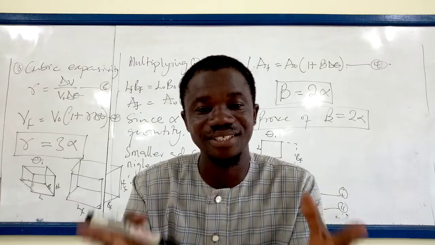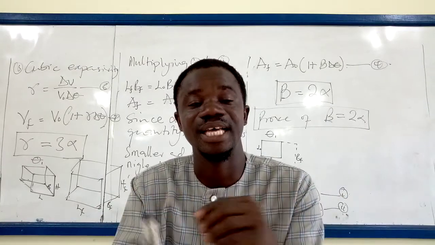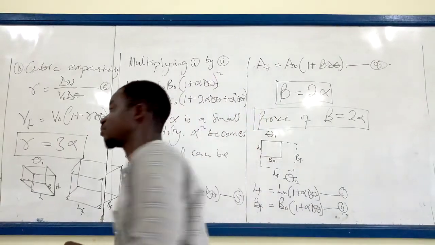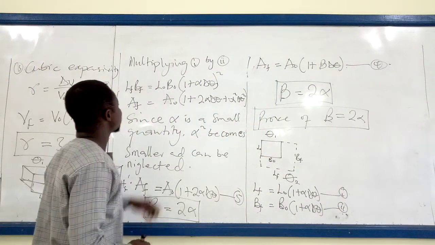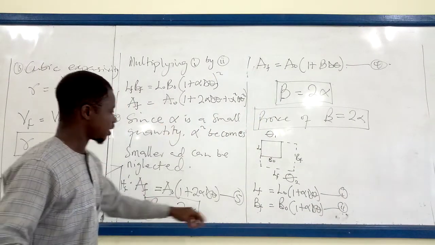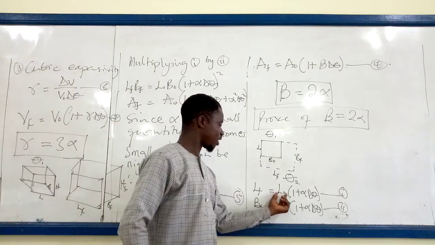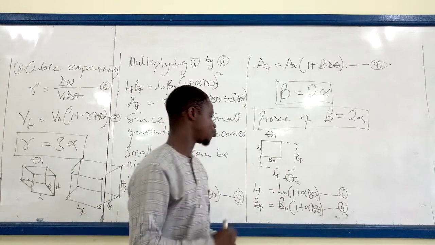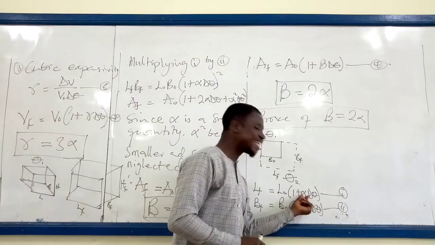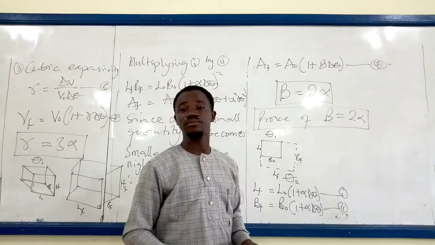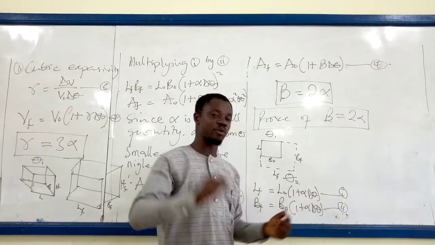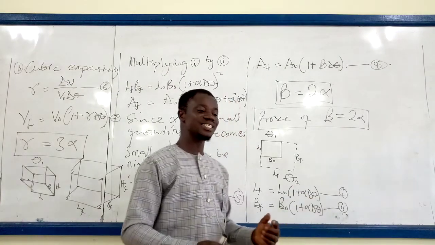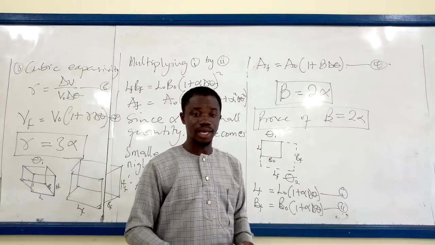So now, factors that affect expansion and contraction in solids. 1, we have the original length, so the original length affects it. 2, we have the linear expansivity of the material, that's the property of the material. Then 3, we have the change in temperature.